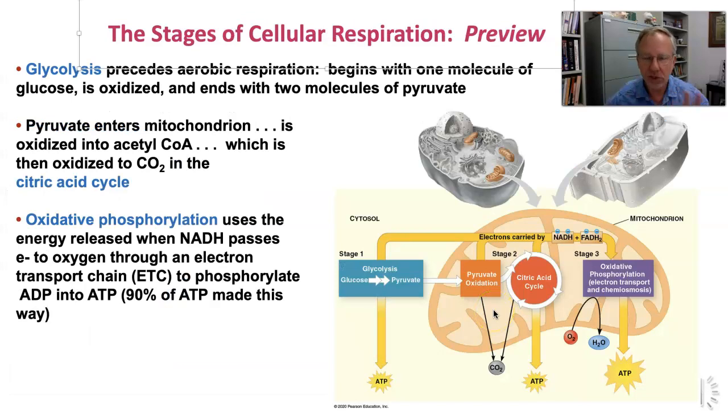So I've just reviewed with you some of the chemistry, the background that you need to be exposed to and have a grasp of before we do cellular respiration. Again, we talked about oxidation and reduction, and we just talked about this electron carrier molecule, this little shuttle called NAD that turns into NADH. Now I am showing you sort of a preview of cellular respiration by showing you the major chemical stages that happen during cellular respiration that help us make all this ATP.